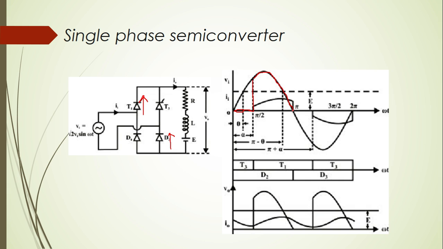Now what happens after pi? After pi the polarity changes. So there is a change in the polarity of the input voltage. Now due to the presence of this inductor, we have already seen that the thyristor will still be in the conduction mode.